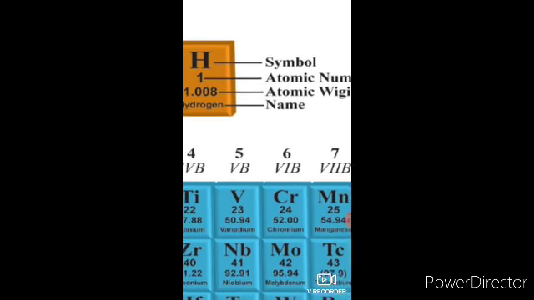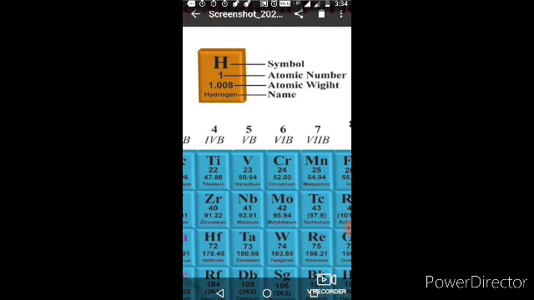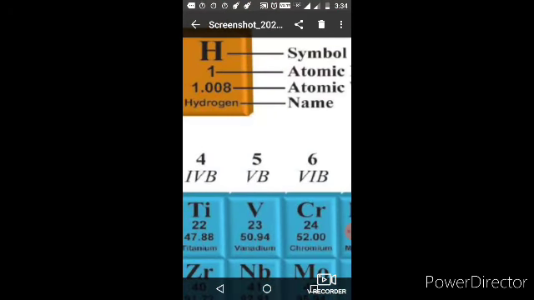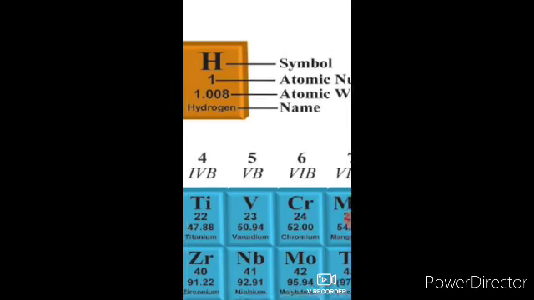Its atomic number means its serial number, 1. And atomic weight is below the 1: 1.008, it is the atomic weight.